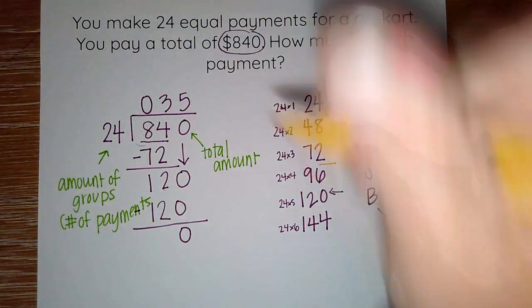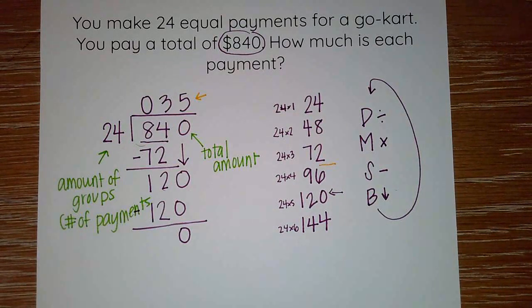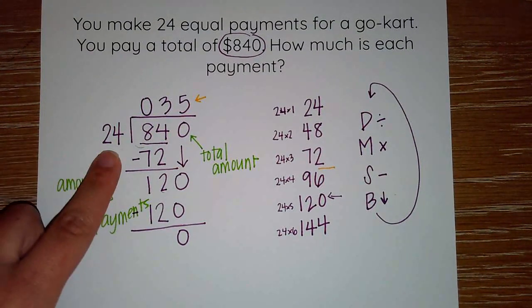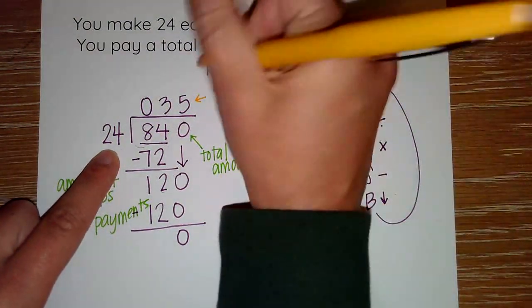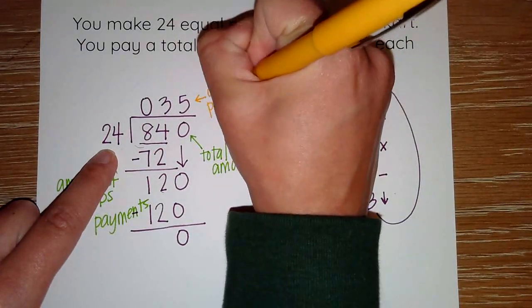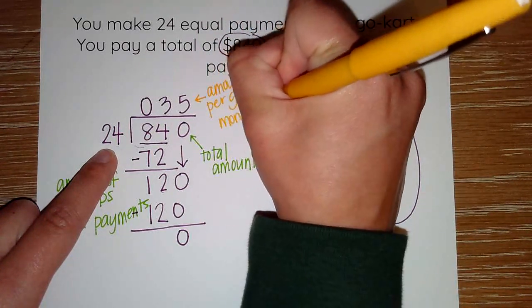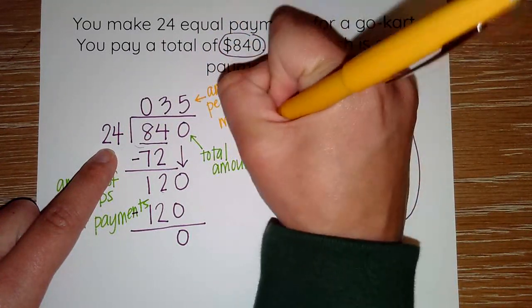We've got this one here. That is our quotient. That is our answer. That is how much money is in each of these groups. So this is your amount per group, and in this case, money per payment.